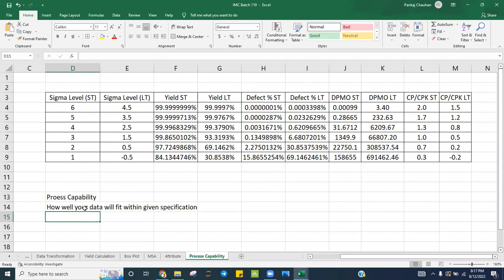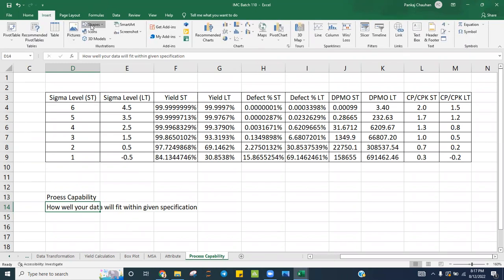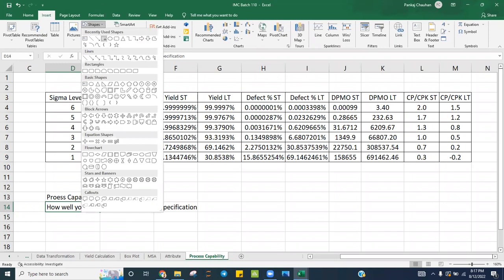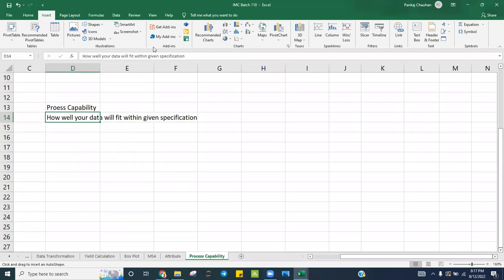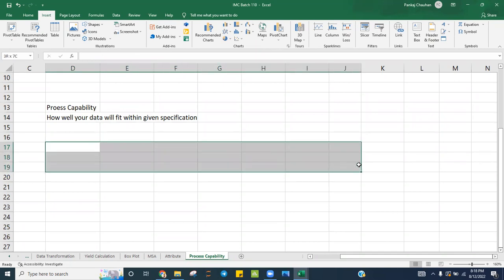How well your data will fit within the given specification. Let's see, here is a note like this. Let me say you are driving a car and this is your road.